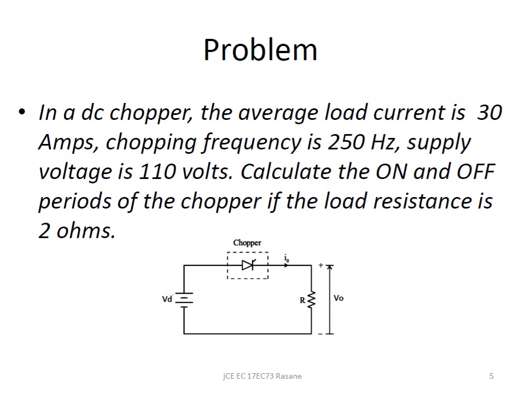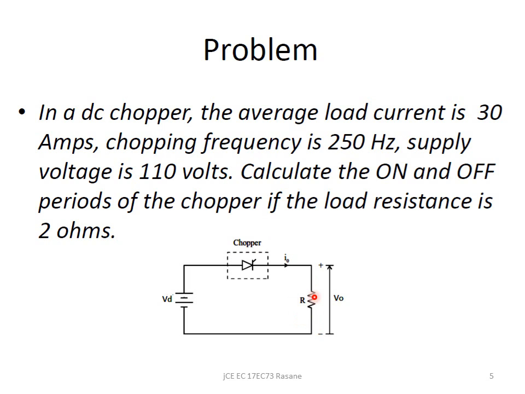So the problem is, in this case, this is a step down chopper. In a DC chopper, the average load current is 30 amps and the chopping frequency is 250 Hz. Supply voltage is 110 volts. Calculate the on and off period of the chopper if the load resistance is 2 ohms.